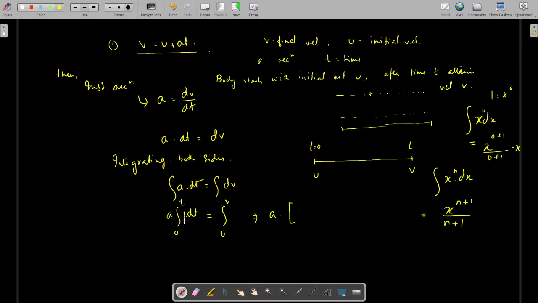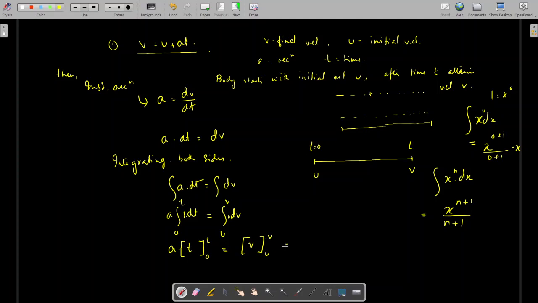So the integration of dt gives t, and we write the limits in square brackets, with the lower limit placed below and the upper limit above. Same for dv: again it is 1, so the integration of dv will be v, with the limits put on v.